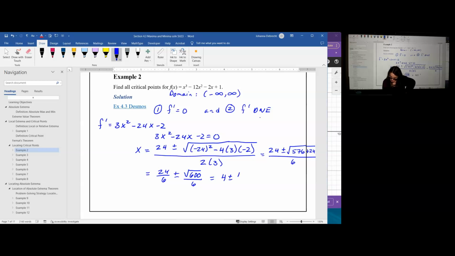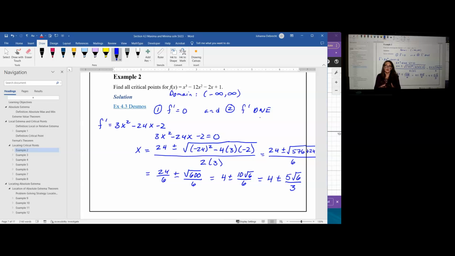So this would give me 10 square roots of 6 divided by 6, which reduces finally to 4 plus or minus 5 square roots of 6 divided by 3.